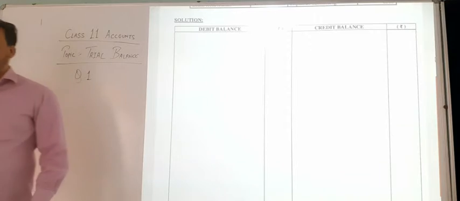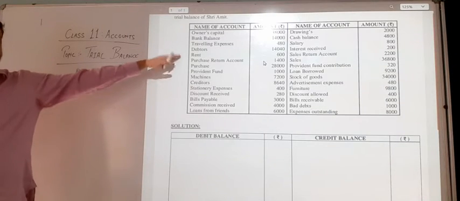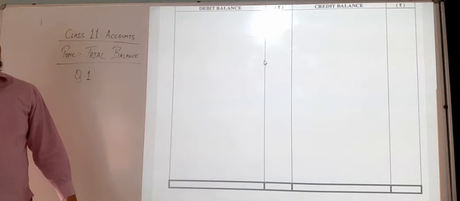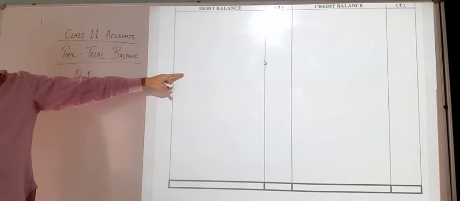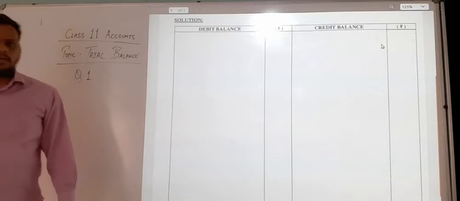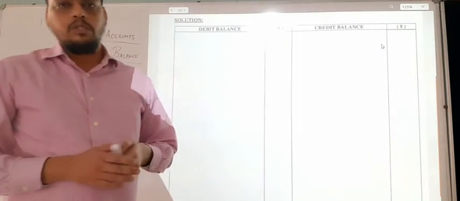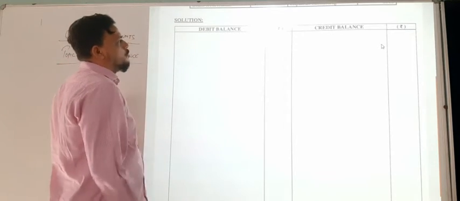So I'll start, but the screen will go up and down because I need to show you the question to explain in detail. In the end, the solution will be made along with the question. I have mentioned all the things to be entered. So let's begin with the solution.